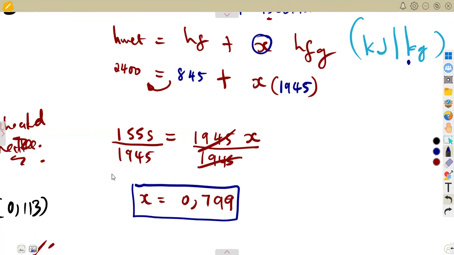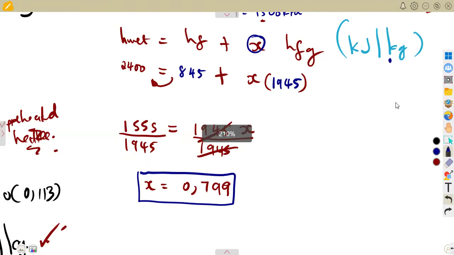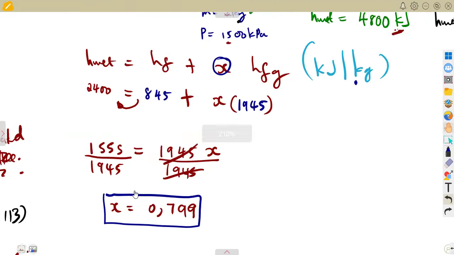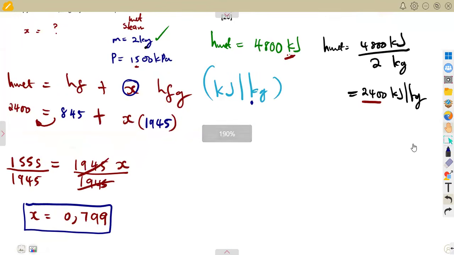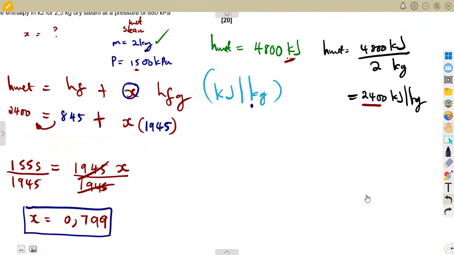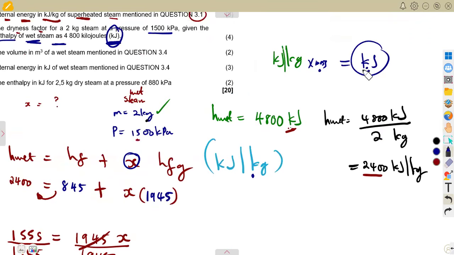If, let's say, you wanted to use that value as it is, it means you were going to use the mass. Because I explained here that to obtain kilojoules, you multiply kilojoules per kilogram by what? By mass.